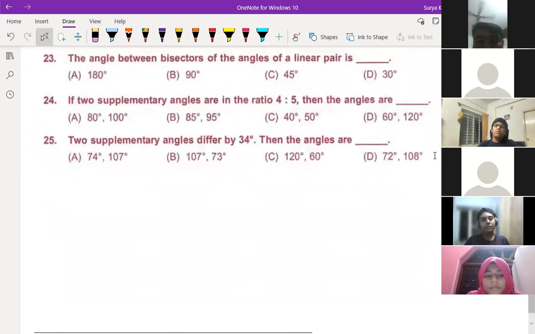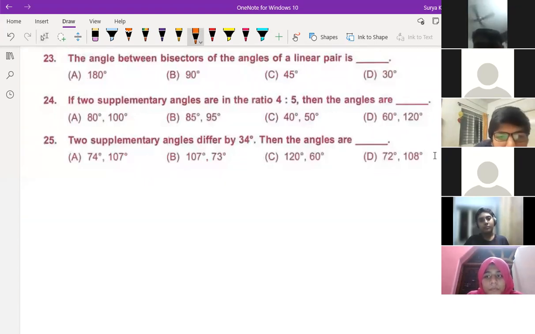How to write the answer? If you write in the chat box, you write C, comma B, comma A. Directly all 3 answers you can write at a time. Or if you don't know, put a dash over there, like that you can write. I'll just see who is going to do correctly.